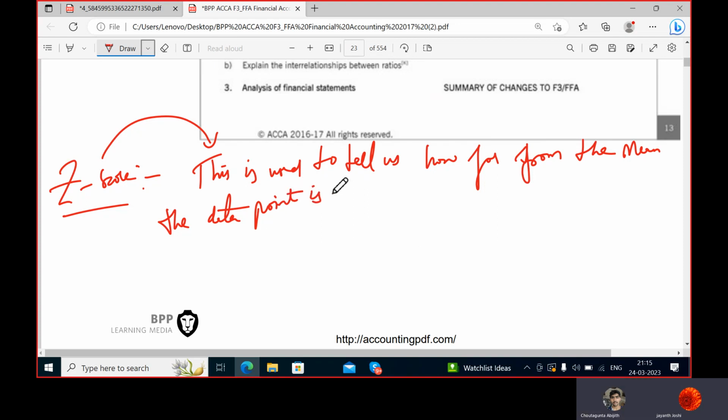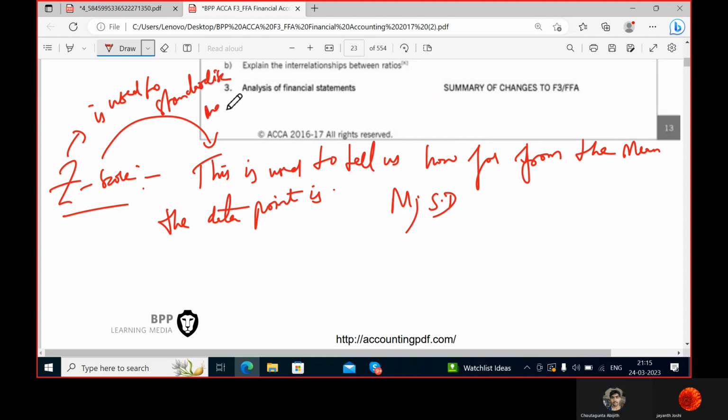You can calculate the z-score with mean and standard deviation; these two are required. This z-score is used to standardize the normal distribution.